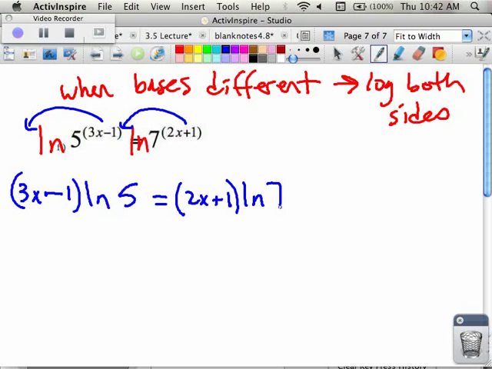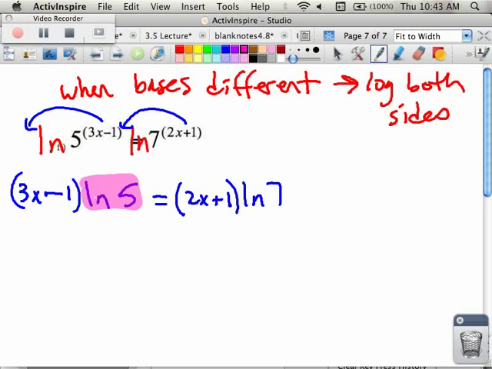Ready? Grab your calculator. What is the natural log of 5? To 3 decimals. 1.609. Are you sure?